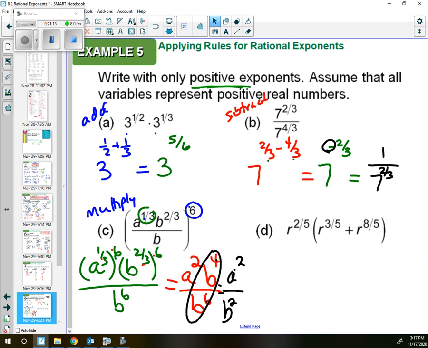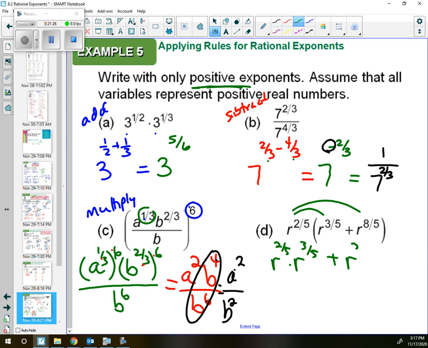All right, last one, distributive property, right? So we need to multiply through, right, whatever's in the outside to everything on the inside. So it's r to the 2/5 times r to the 3/5 plus r to the 2/5 times r to the 8/5. So just showing that we can do operations with things that have fractional exponents, and we do the same thing if they weren't a fraction.